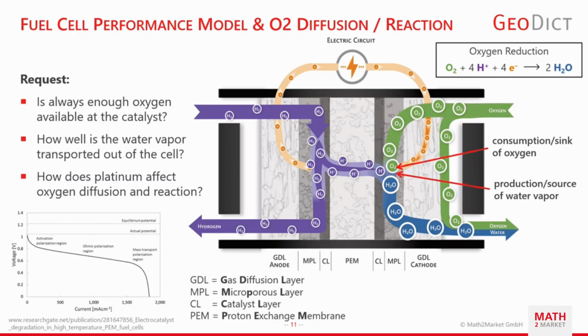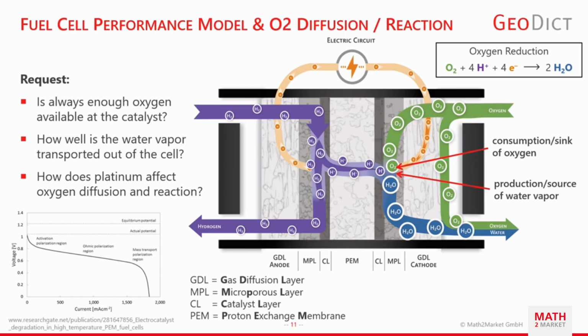And research questions are, for example, is always enough oxygen available for the oxygen reduction equation, because the performance depends on this. How well is the water transported out of the cathode side? And what about the platinum? So the oxygen reduction happens at places where you have platinum, which is a catalyst.